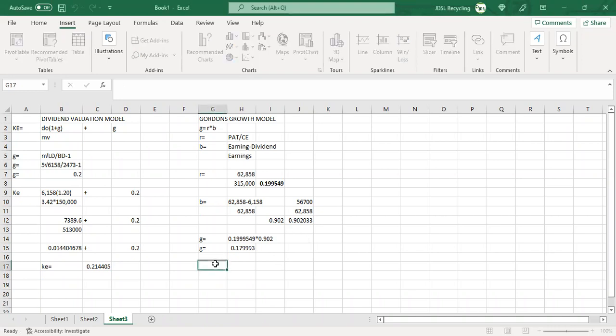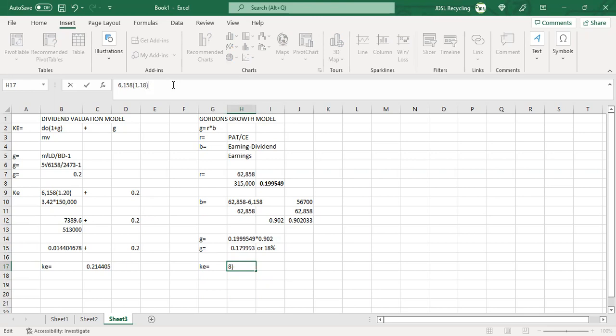So now, since we've gotten our growth, what we need is cost of equity. The only difference here is the growth rate that we have determined. Cost of equity will be your current dividend, which is 6,158, into bracket, our growth here is 18%, into bracket 1.18.